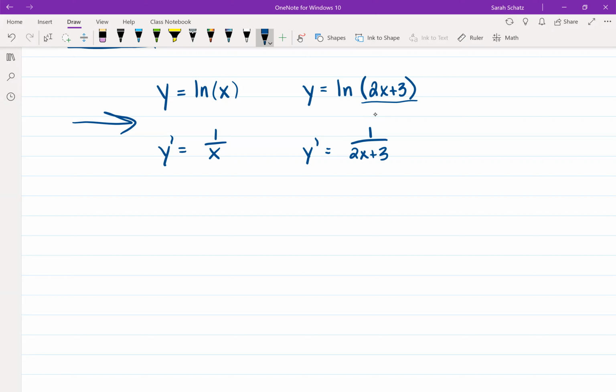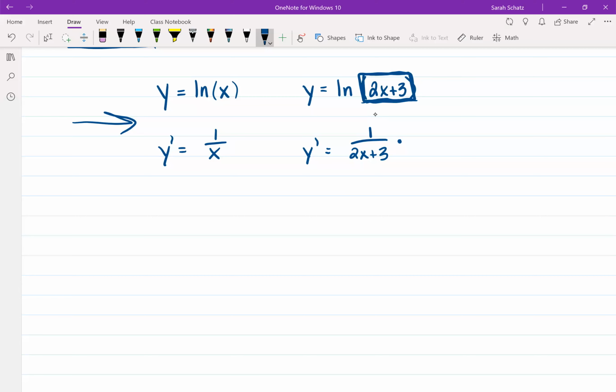But because this is not just x, of course, my chain rule comes in. But I always do the chain rule second. Don't let this affect the fundamental rule that you have to do first.